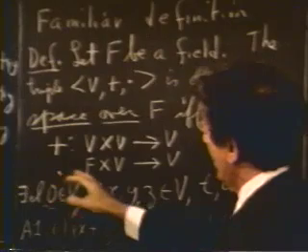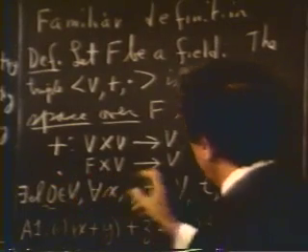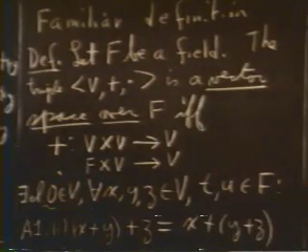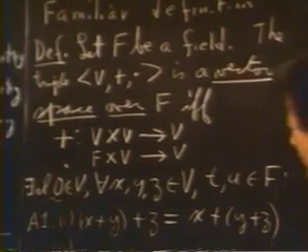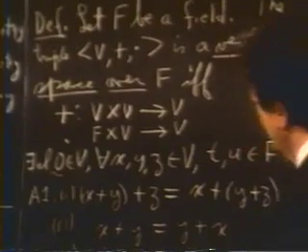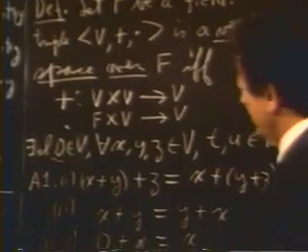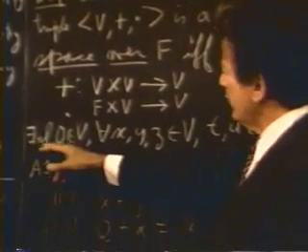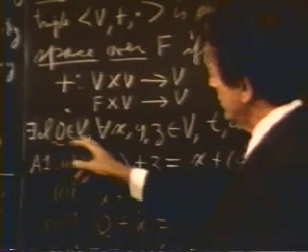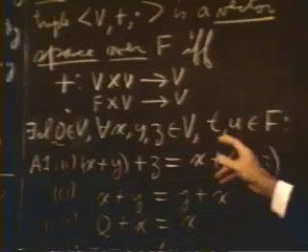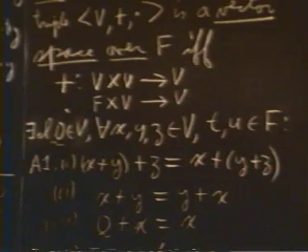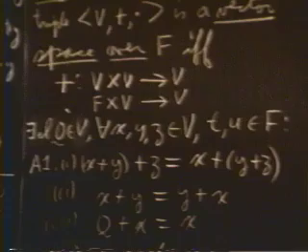That is, it's a binary operation from F cross V into V. We then say that if the following axioms are satisfied, such a triple is a vector space. We require that there exist an element 0 in V, such that for every x, y, z in V and every t and u in F, the following are satisfied.